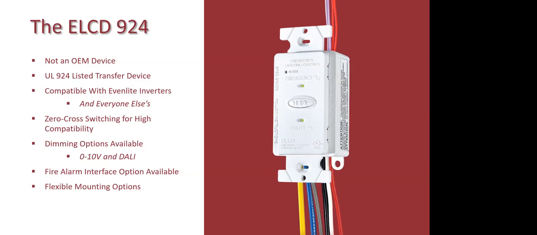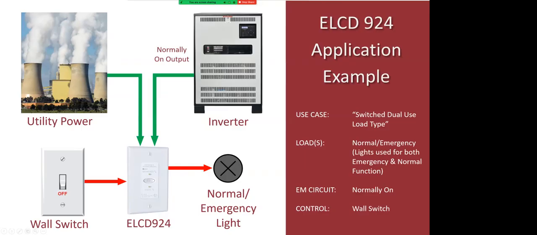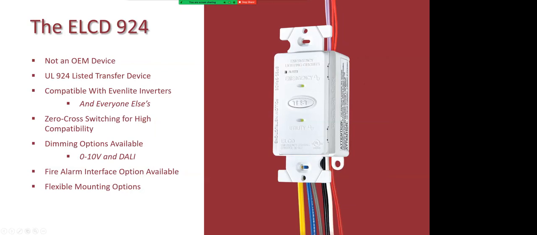The main reason why we are better is basically this right here. So zero cross switching for high compatibility. If you go into a Home Depot or Lowe's and you walk back to the electrical section, you will see dimmers there. And those dimmers, some of them will have a stamp that says compatible with LED lights. The reason that those dimmers are compatible with LED lights is because they are employing a zero cross switching design.